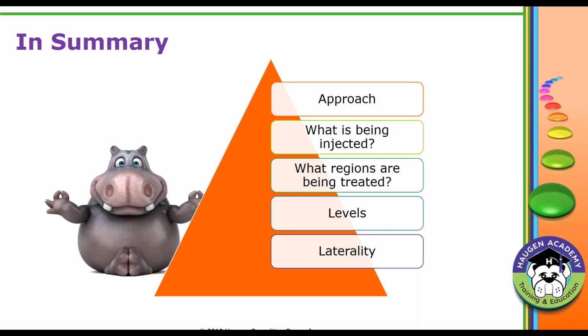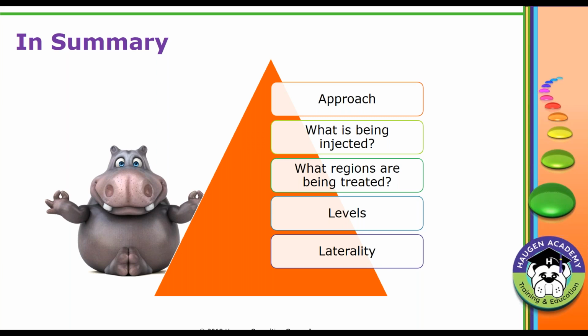Is it cervical, thoracic, lumbar, sacral? How many levels are being treated? And laterality, to apply that if it's appropriate. Those are just some things to think about when you're reading documentation or when you're trying to improve documentation, to make sure we get that all included so we can choose the specific codes.